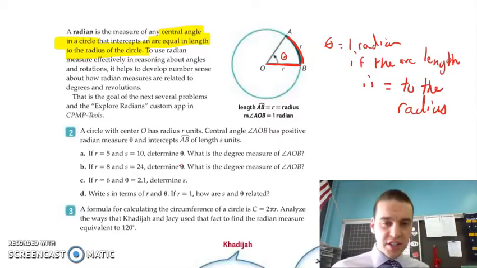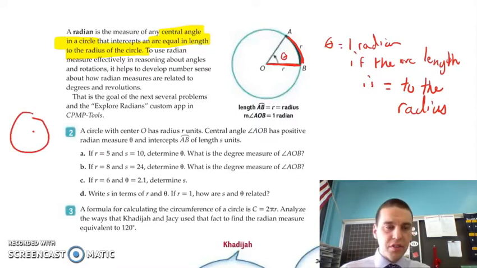So let's just look at this, and we're only going to talk about half of it because we'll do the other half in class. If r equals 5, and then s equals 10, excuse me, 10. So here's 5 and there's another 5 right there. This entire thing here is 10. What is your theta?